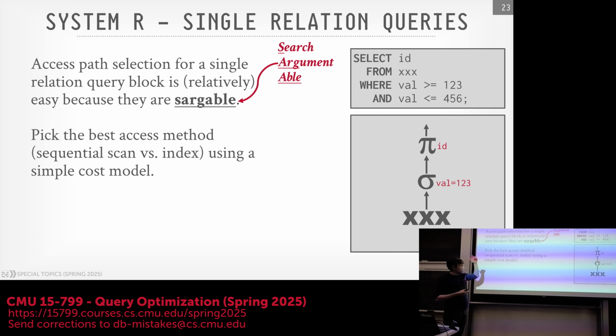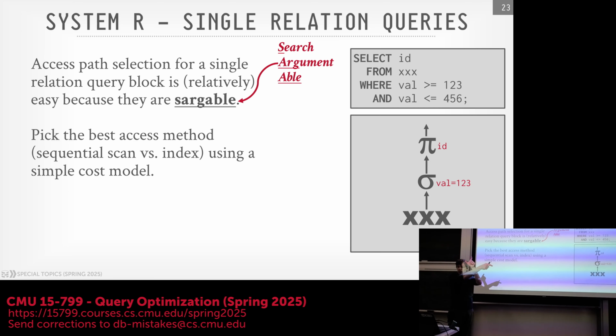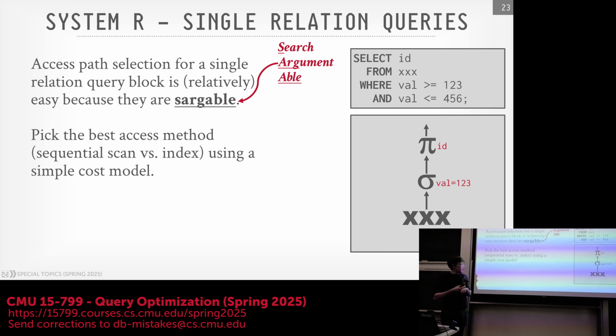So sargable just means search-argument-able. Again, thinking like select star from table where ID equals 123, and you have a primary key on ID. That's a sargable query because you have the ID value, and you can do the equality lookup on the index to go find the data that you're looking for, right?